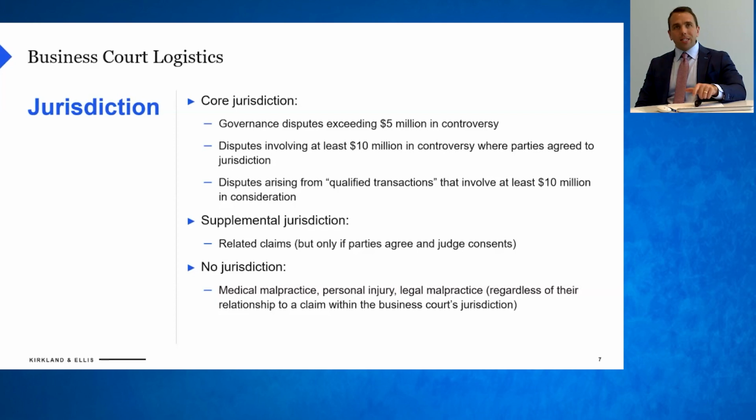I think the intent here, aside from whatever political motivations and lobbying motivations might be out there, is to leave the cases with the courts of general jurisdiction where those courts have the expertise and the resources to handle them, and isolate the cases that involve the truly complex commercial issues that were sort of the reason that the legislature created this court in the first place, right?